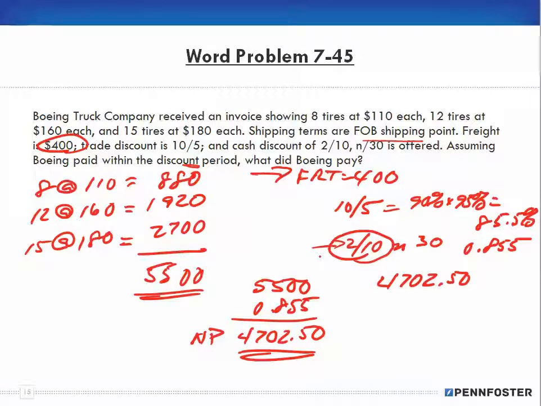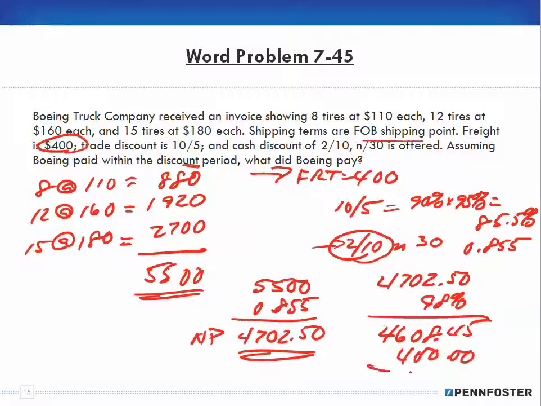I'm concerned with the net price, so it's 100% less 2%, or 98%. If I multiply the $4,702.50 by 98%, I end up with $4,608.45. And the last thing that I have to deal with is the freight, so we add in the freight because it's FOB shipping. And that means the total amount is $5,008.45.